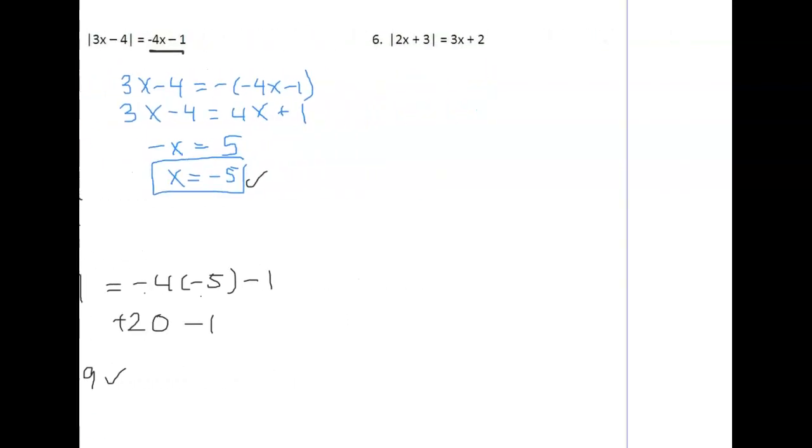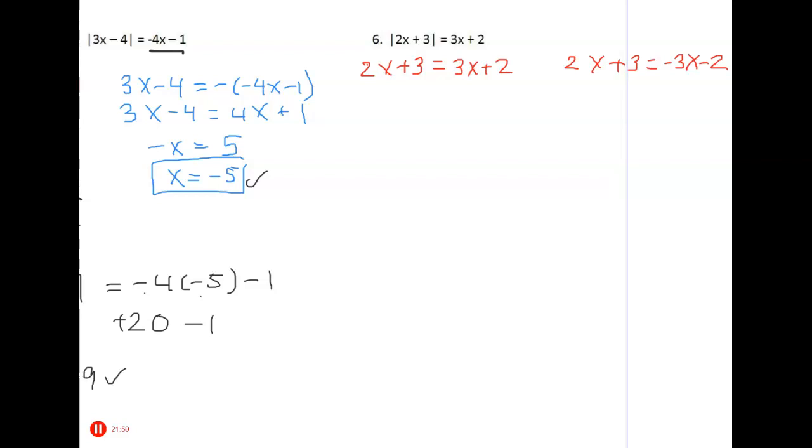Number 6, we split, so you get 2x plus 3 equals 3x plus 2, and then 2x plus 3 equals -3x minus 2.